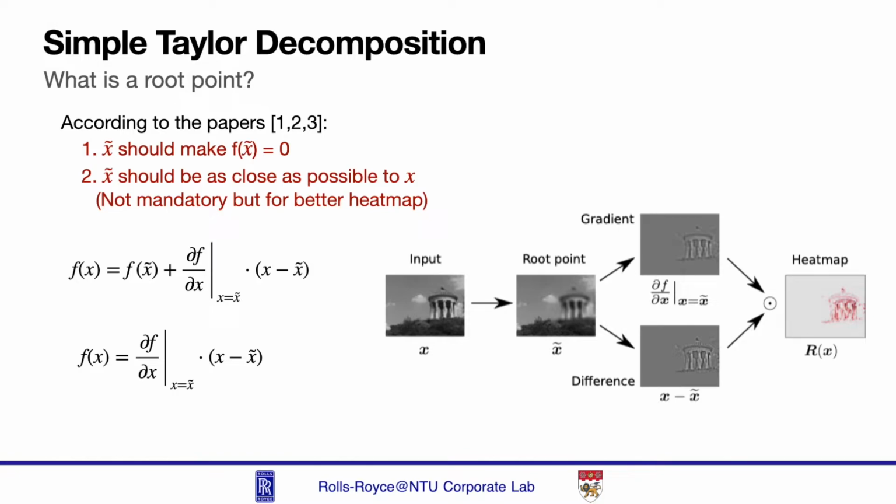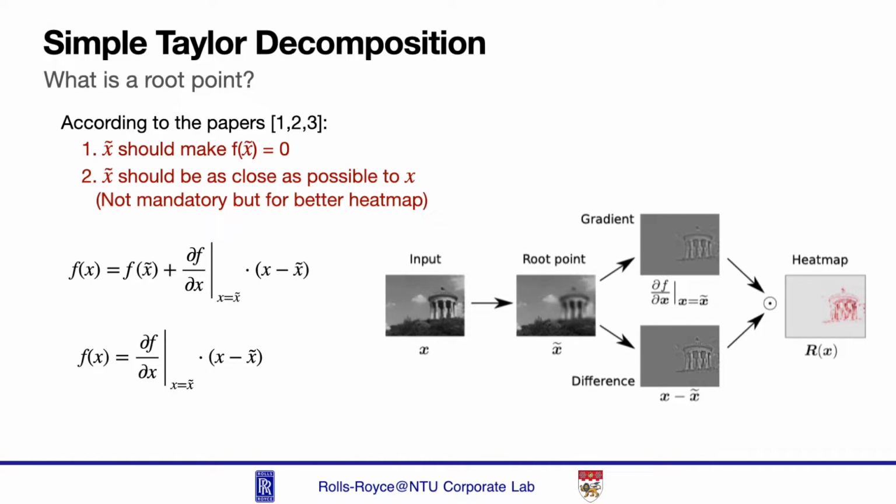The first constraint, on the top right, is that the root point x tilde should make f of x tilde equal to 0. And the second is that the x tilde should be as close as possible to x. This is not mandatory, but this is for better heat mapping.